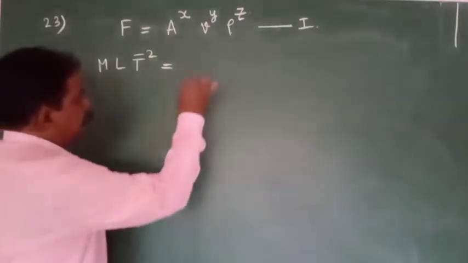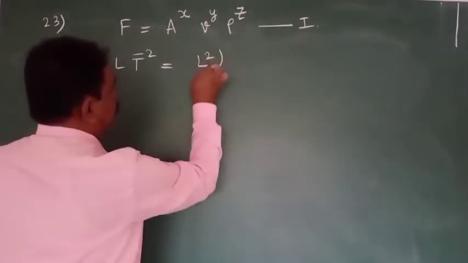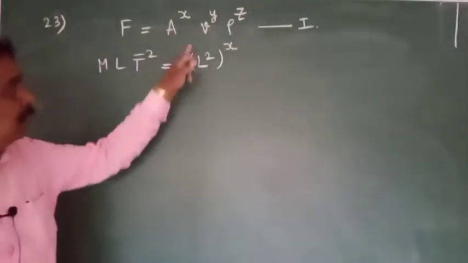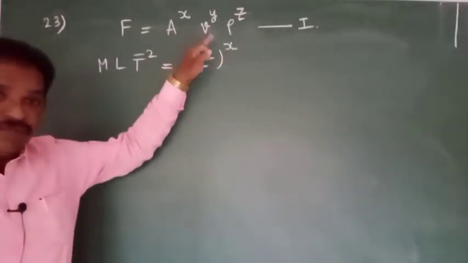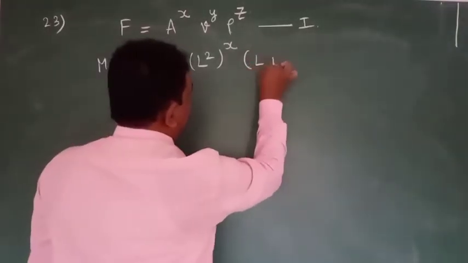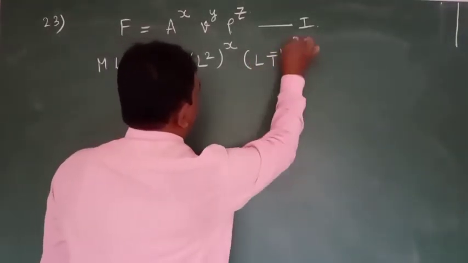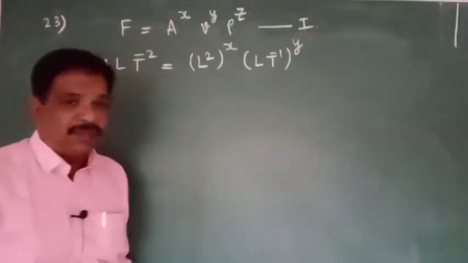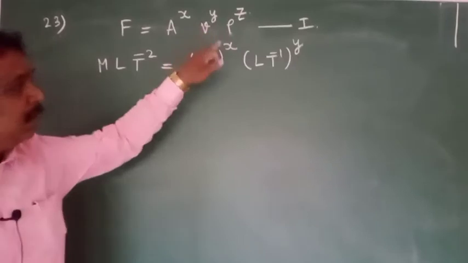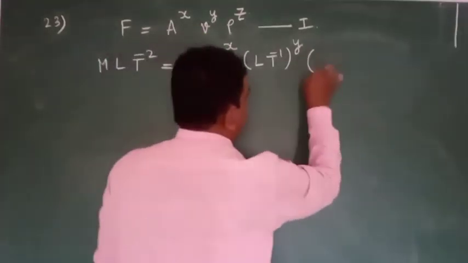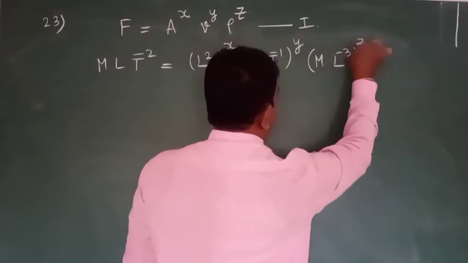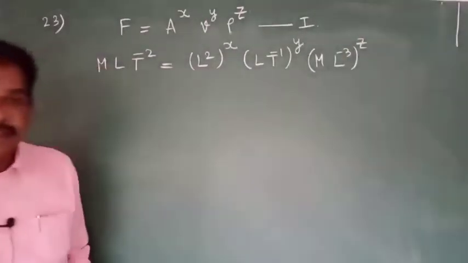Area dimensions will be L square, power x. Here v is velocity. Velocity dimensions will be L T power minus 1, power y. This is density. Density dimensions will be M L power minus 3, power z.